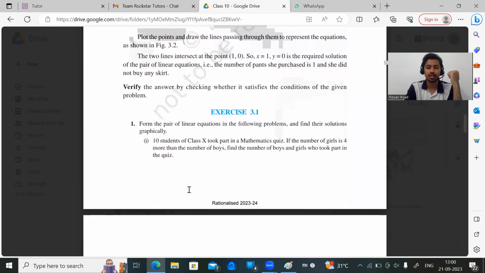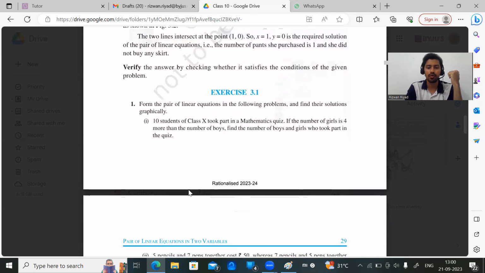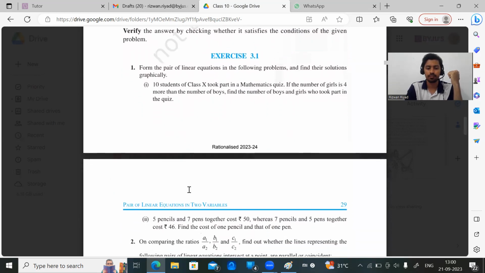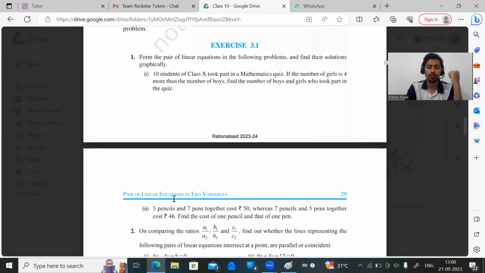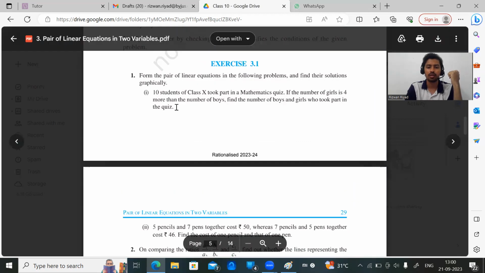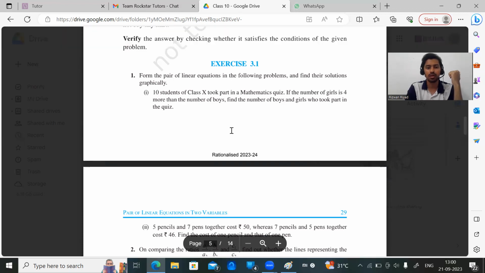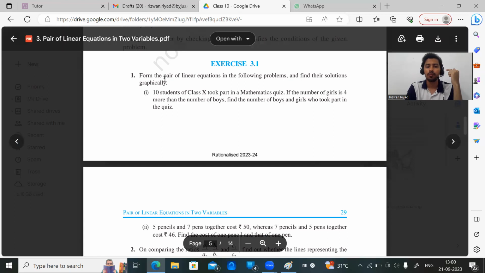Exercise 3.1, question number 1. You can see two sub questions under exercise 3.1, question number 1: first sub question and second sub question. It says form the pair of linear equations in the following problems and find their solutions graphically.